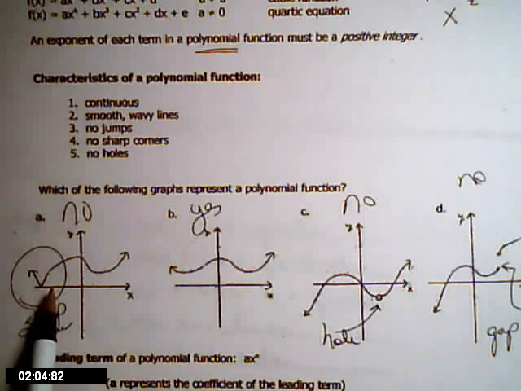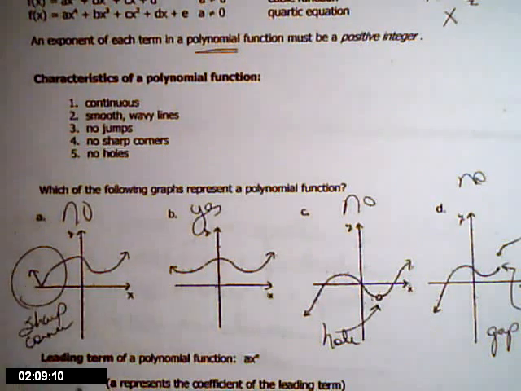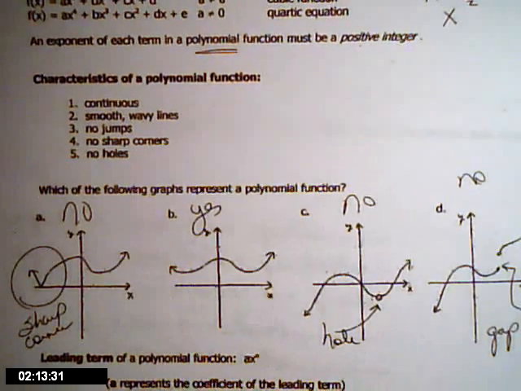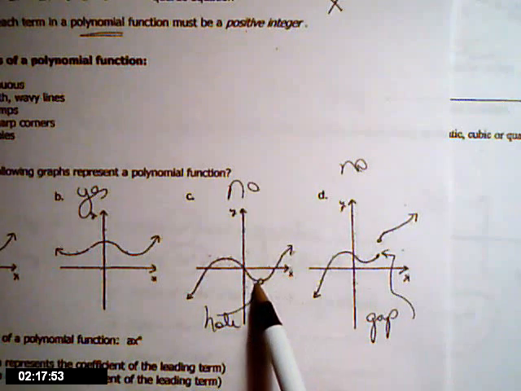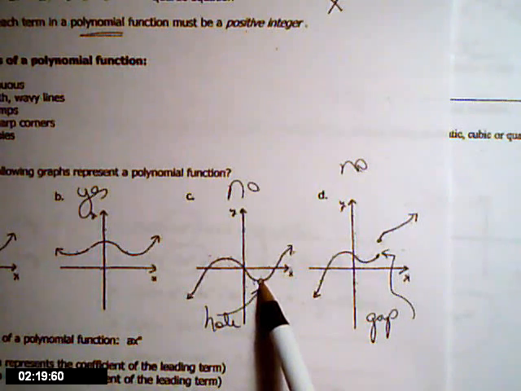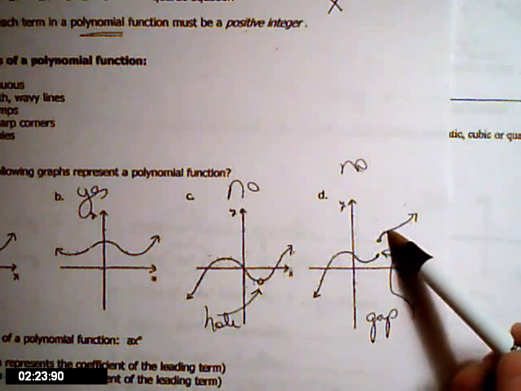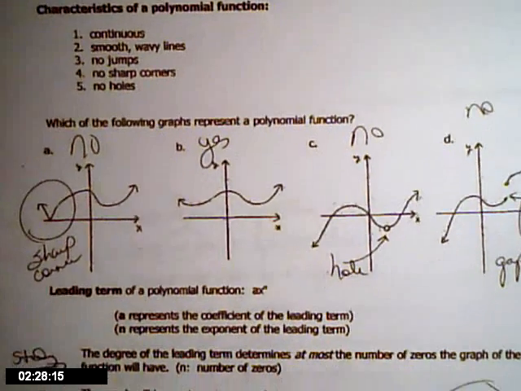If you look at graph A, we would say no, because here is a sharp corner. If you look at B, there is a smooth wavy line, so that would be. If you look at C, it looks like a smooth wavy line, but here's a hole, so no, it's not polynomial. If you look at D, here is a complete gap, so that's not a polynomial function.